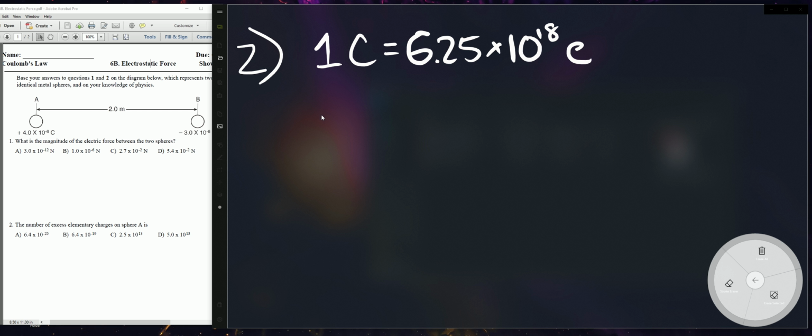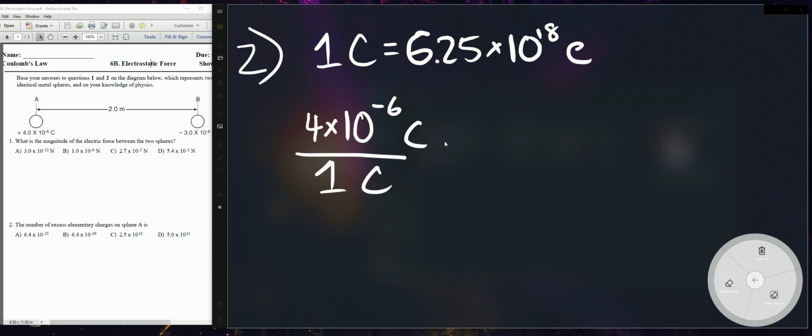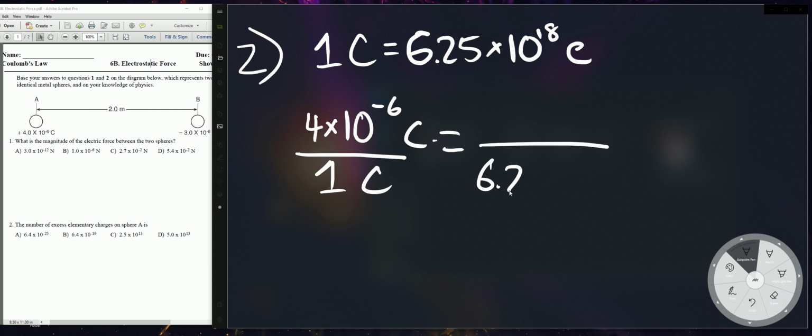So if we have a charge on sphere A of 4 times 10 to the negative 6, we know that's in coulombs of charge. Well, then we can just do, hold on, this is equal to... so 1 coulomb, there's 6.25 times 10 to the 18.